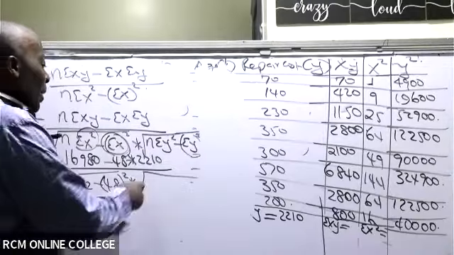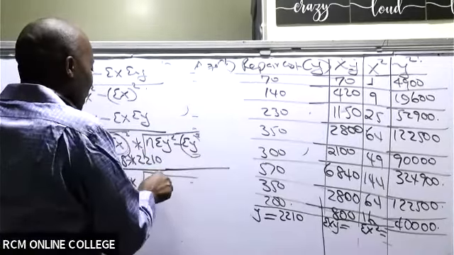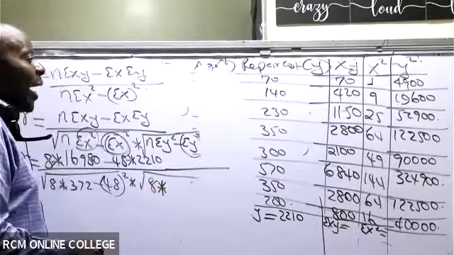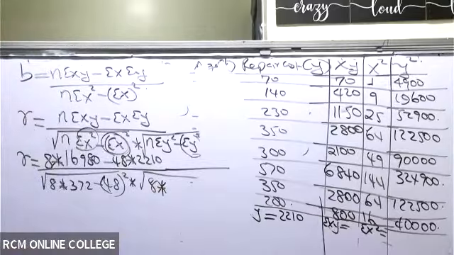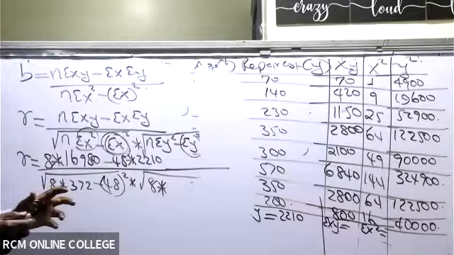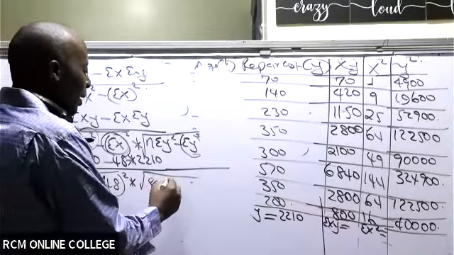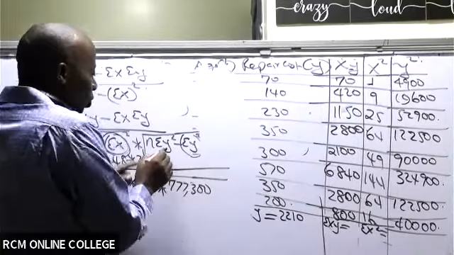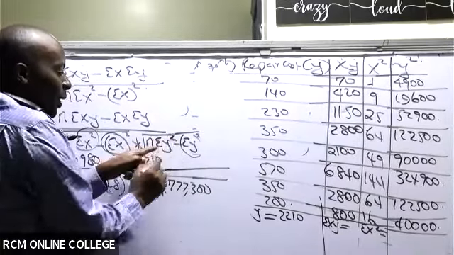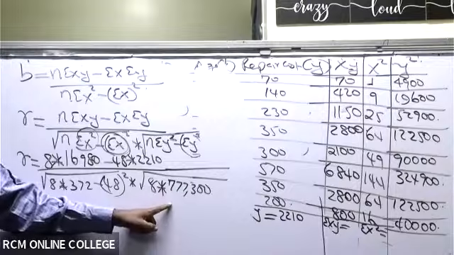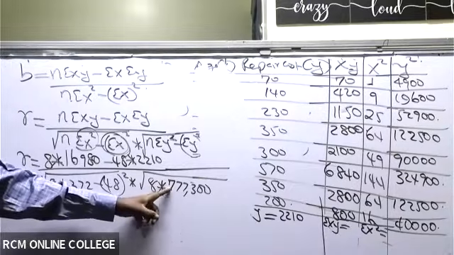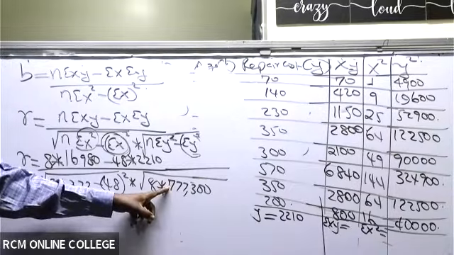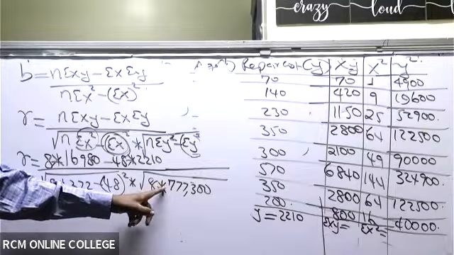We have, ladies and gentlemen, n which is 8 times summation of y squared. Summation of y squared, you guys gave me a big number. Was it 777,300? Are you able to remember this number, 777,300?